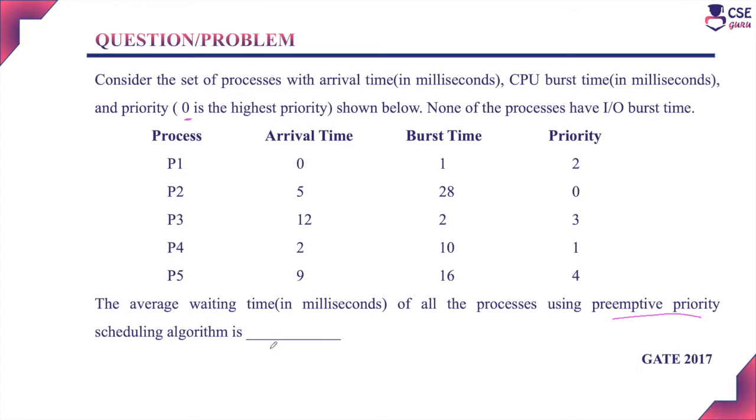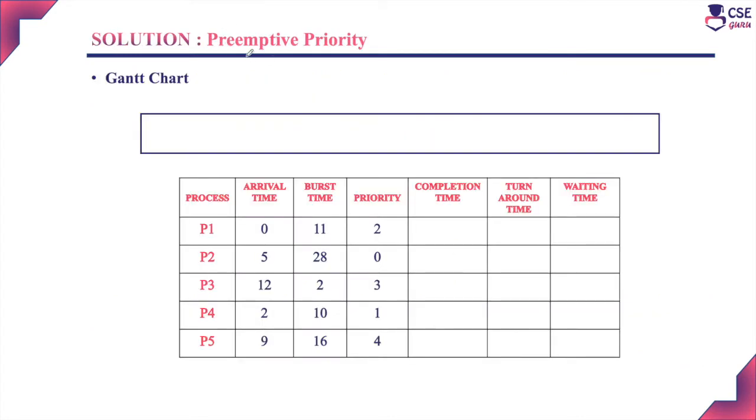of all the processes. First we should know what preemptive priority is. Priority is nothing but each process being assigned a priority number. Based on the priority number, the process will be selected from the ready queue and assigned to the CPU for execution. And here we have to consider 0 is the highest priority.